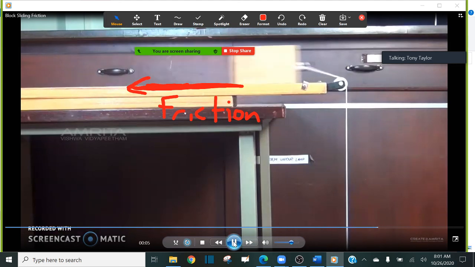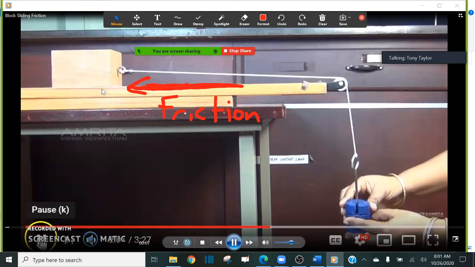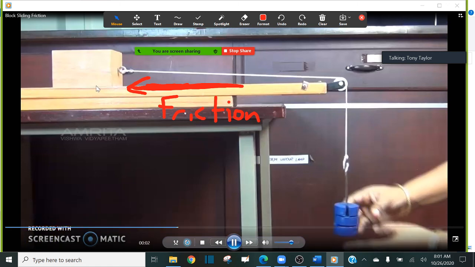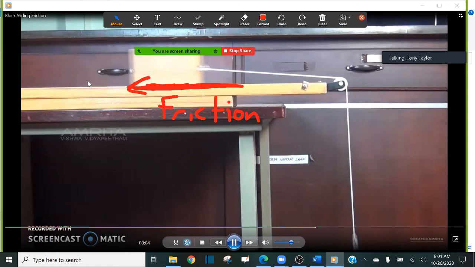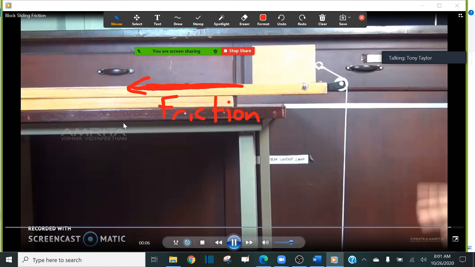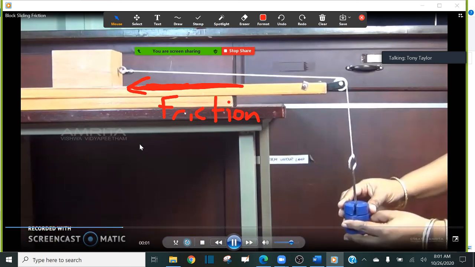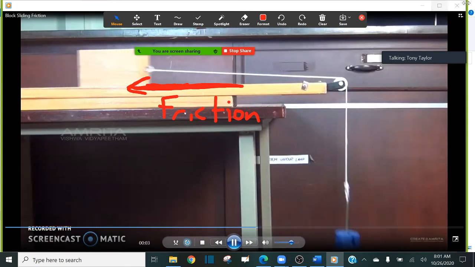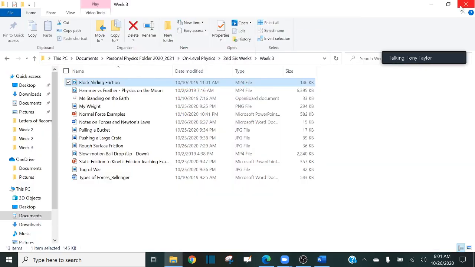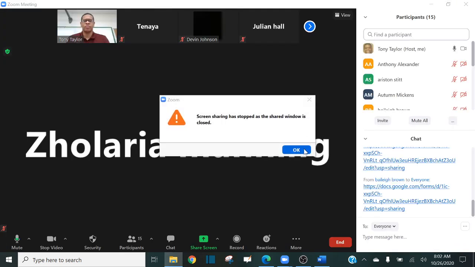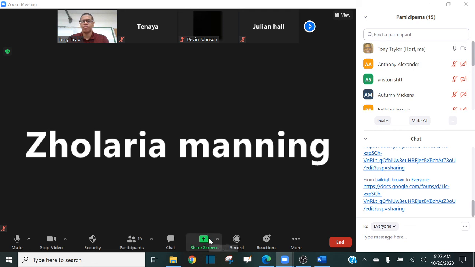Always. So again, the block is sliding across the surface, and if it's sliding to the right, friction is acting toward the left. So keep that in mind, guys. Friction always acts opposite the direction of motion. Okay, let's move right along.